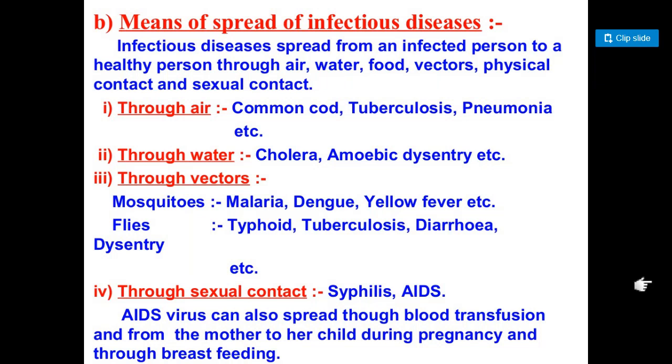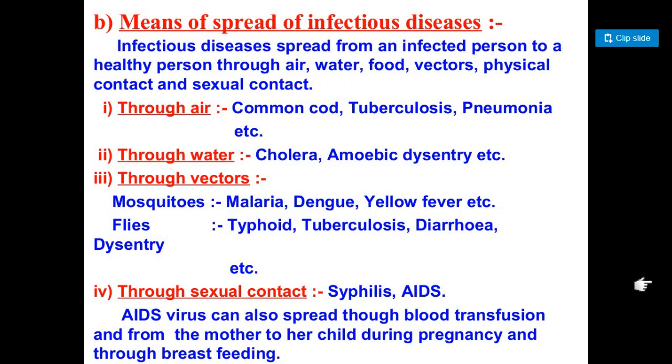First is through air. Infectious diseases such as common cold, tuberculosis and pneumonia are spread through air. Cholera and amoebic dysentery are spread through water, as these pathogens are generally seen living in the water.